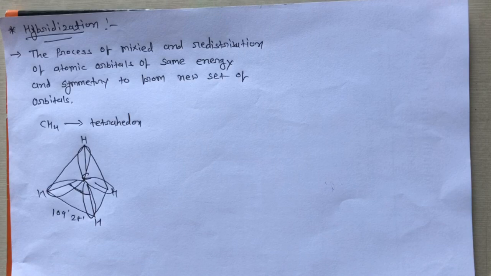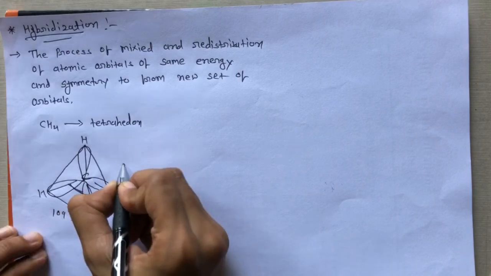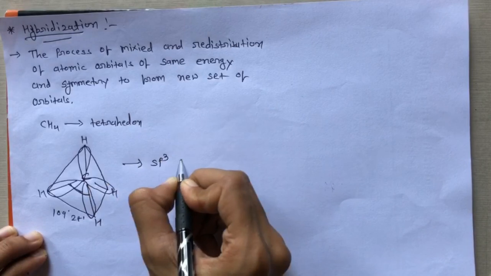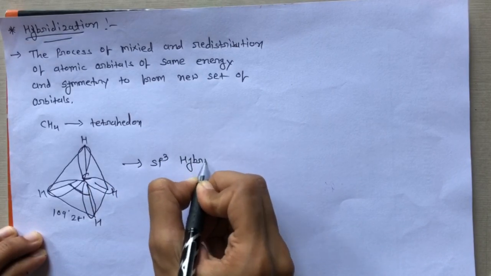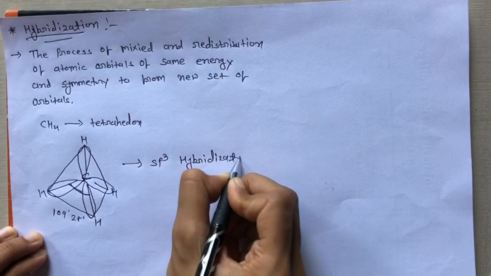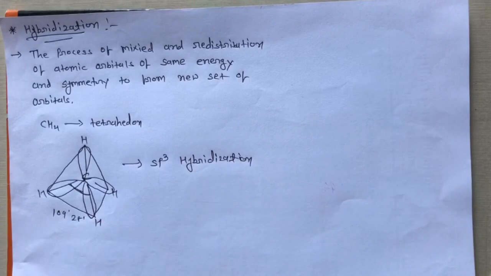The carbon in this case is said to be sp3 hybridized, and carbon hydrogen bonds are referred to as hybrid bonds. So this is sp3 hybridization, right? This is called sp3 hybridization.